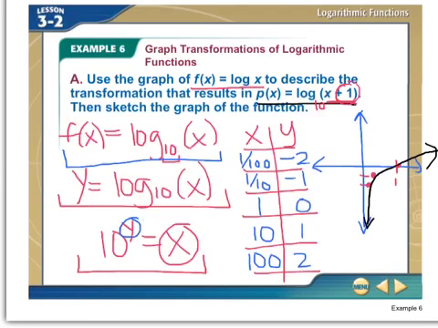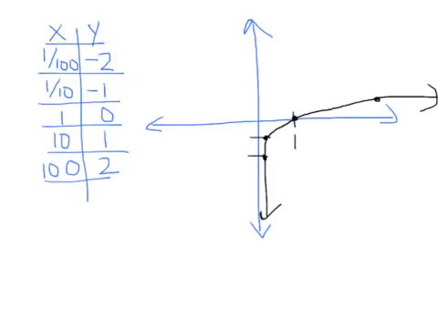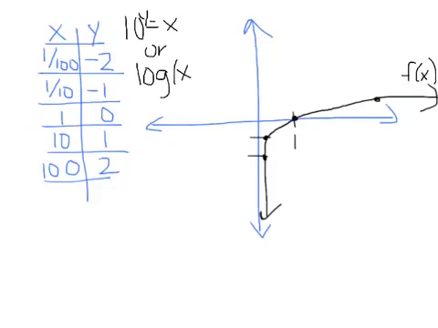So what I can do on my graph is take all of these points and shift them 1 unit to the left. I'm going to go ahead and do that, sketching the graph of p of x on the next slide. So far, in this example, we've graphed the function f of x, which remember was 10 to the y equals x, or log base 10 of x equals y.